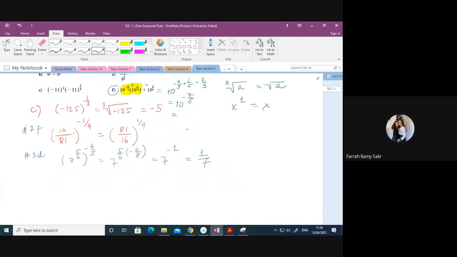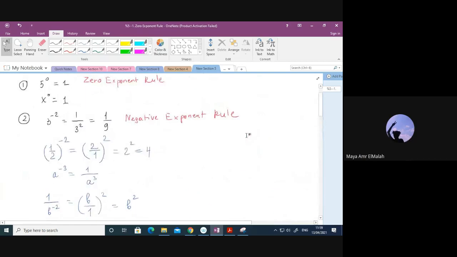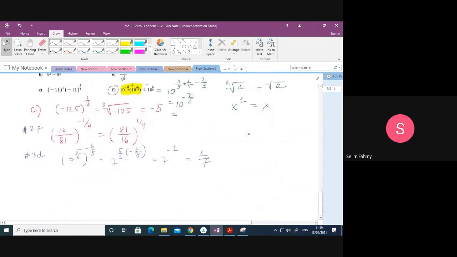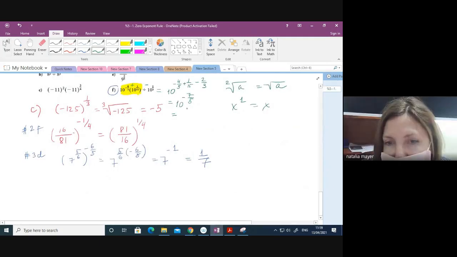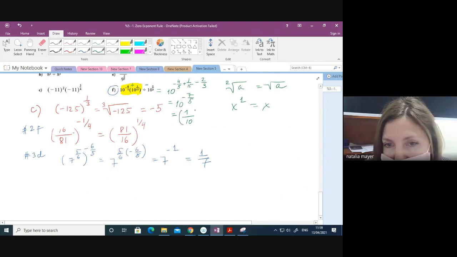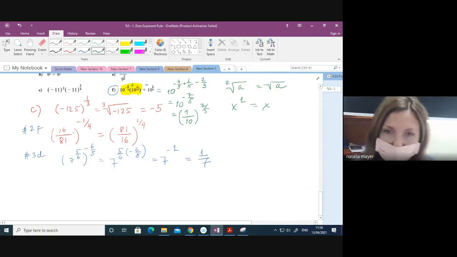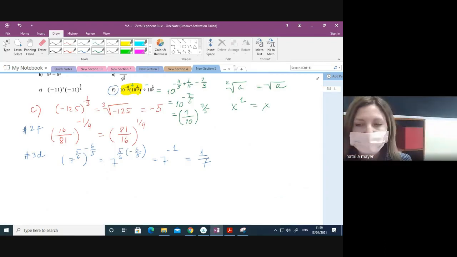Forget about roots. Negative exponent again is going to be 1 over 10 to the power 7 over 5. Exactly. So you flip the base, 1 over 10. Yes, of course. And then everything becomes to the power of 7 over 5. This is how you get the positive exponent. You need to flip the base, okay?